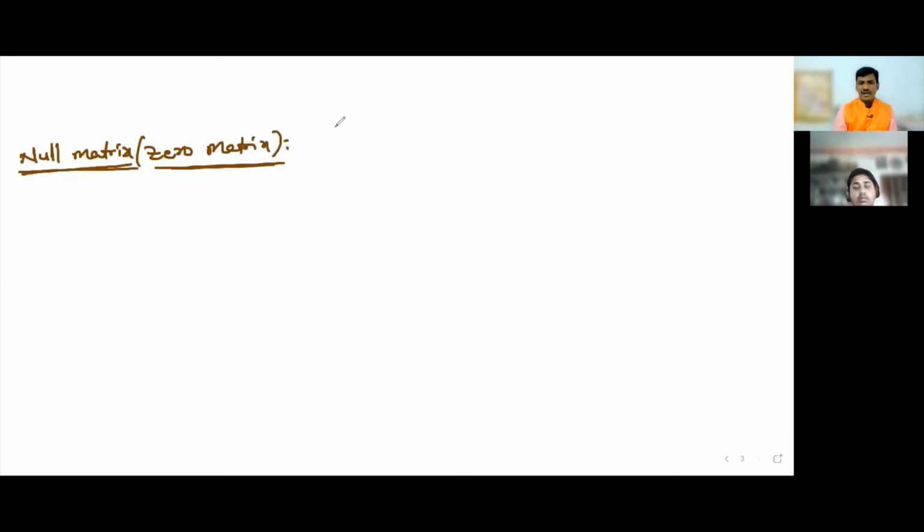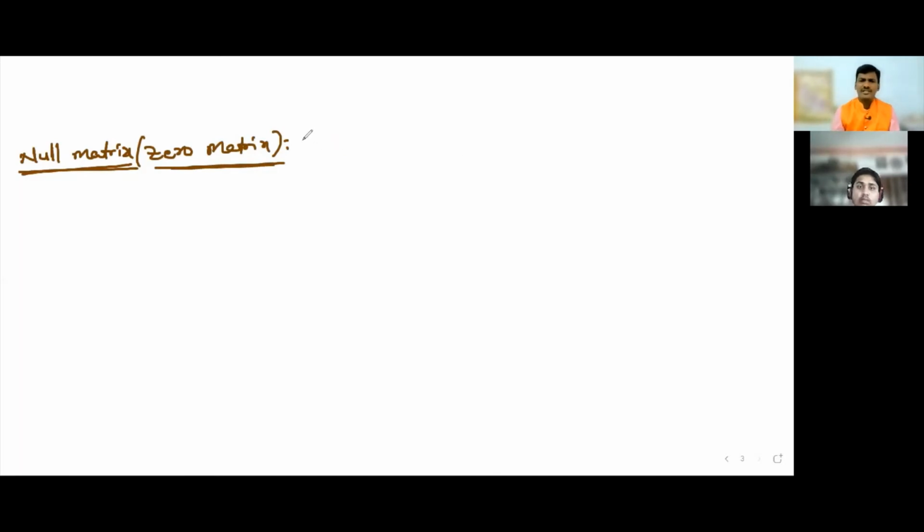Additive identity, or we can write it as null matrix, or we can also write it as zero matrix. Null or zero, in name only we have.